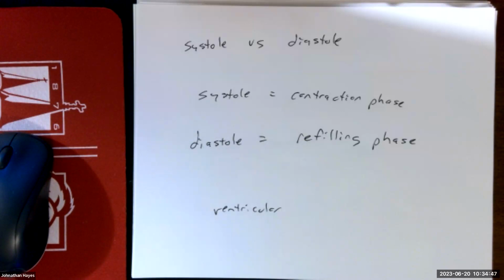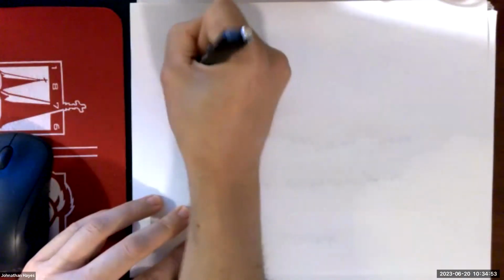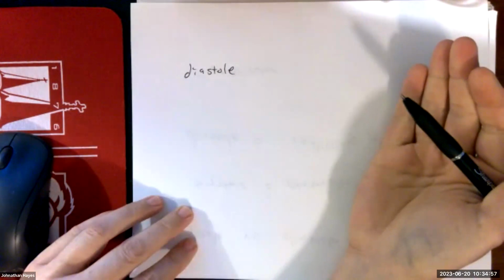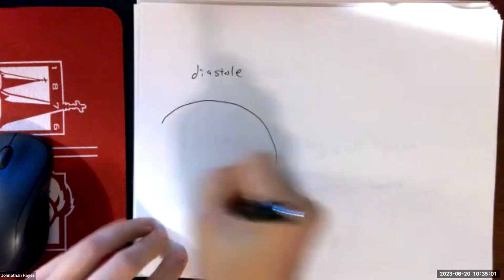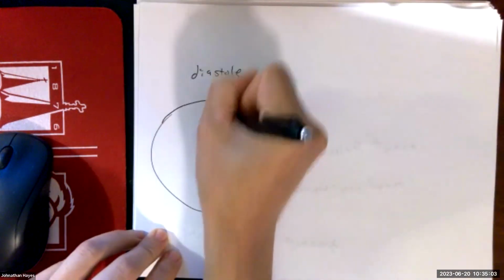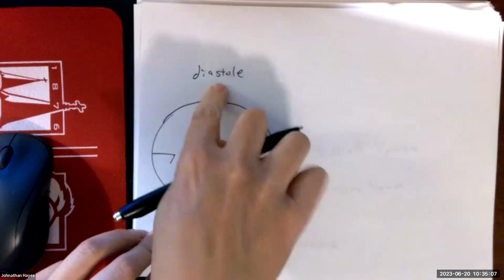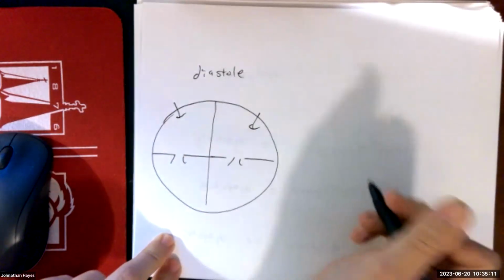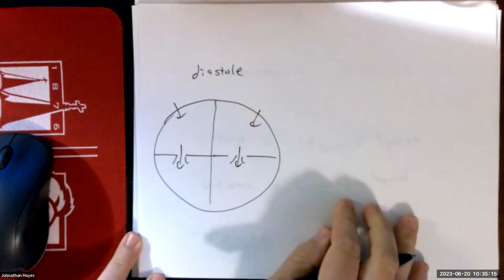Okay? So with that being said, if I were to draw a heart in diastole and ask myself, what valves need to be open and what valves need to be closed to refill the heart? What are we trying to refill? We're trying to refill the ventricles, right? Because it just says diastole. So as blood's coming into the atria, and then from the atria to the ventricles, what valves should be open?